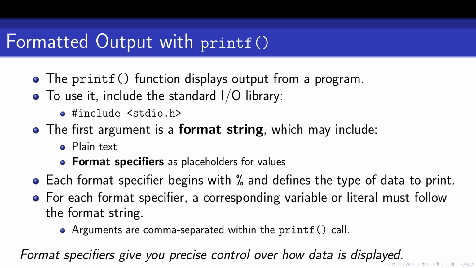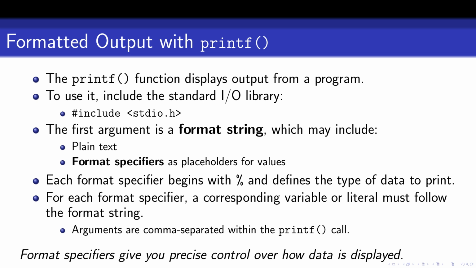The printf function is one of the most commonly used tools in C, and it's how you display output to the screen. You include it by adding #include stdio.h at the top of your file. The first argument to printf is a format string, which can include regular text and format specifiers, special placeholders that insert values. Each format specifier begins with a % symbol, followed by a code that tells C what kind of value to print.